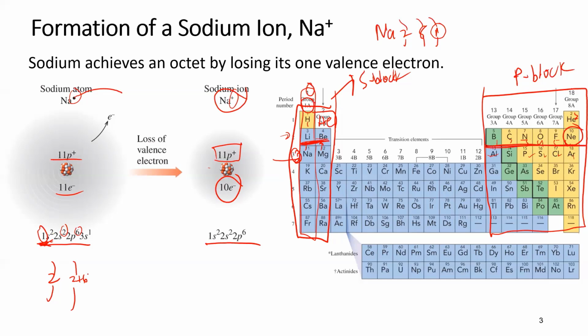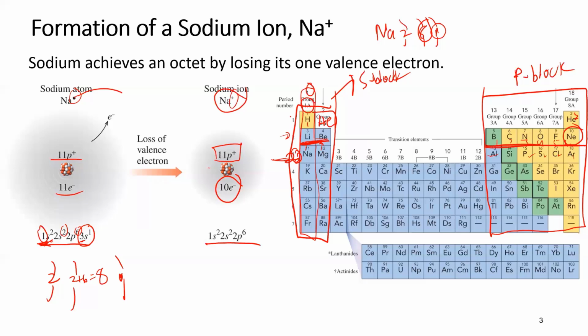But 2 plus 6 makes 8 electrons, that octet that we've been talking about. And then in the outer shell, it's a 3s1. Why 1? Because there's 1 valence electron in the third energy level, that's where the 3 is, and it's 1 electron in the S block.